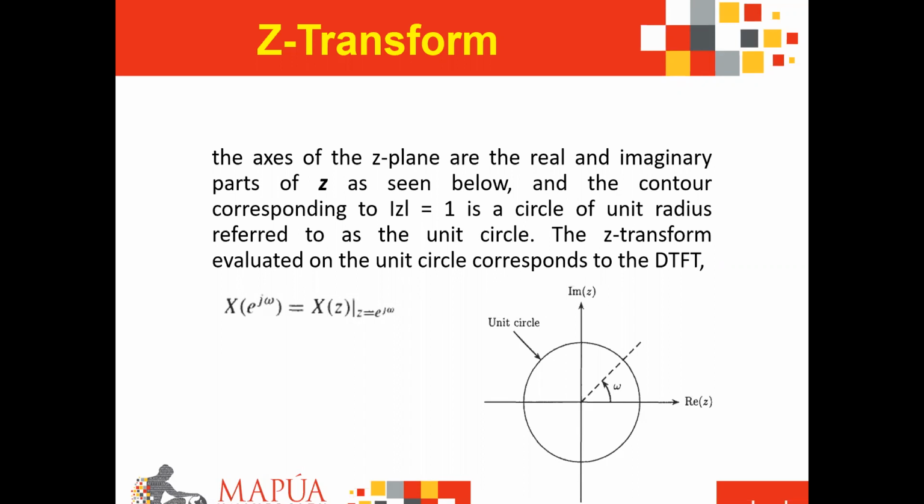When you mark them, they're marked as circles. And all the poles make your value of z infinite, hence they're marked with an x on your unit circle.